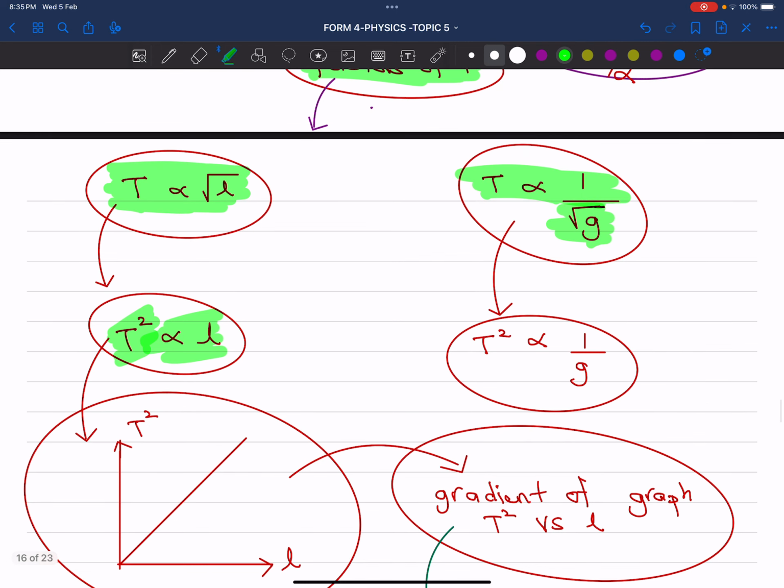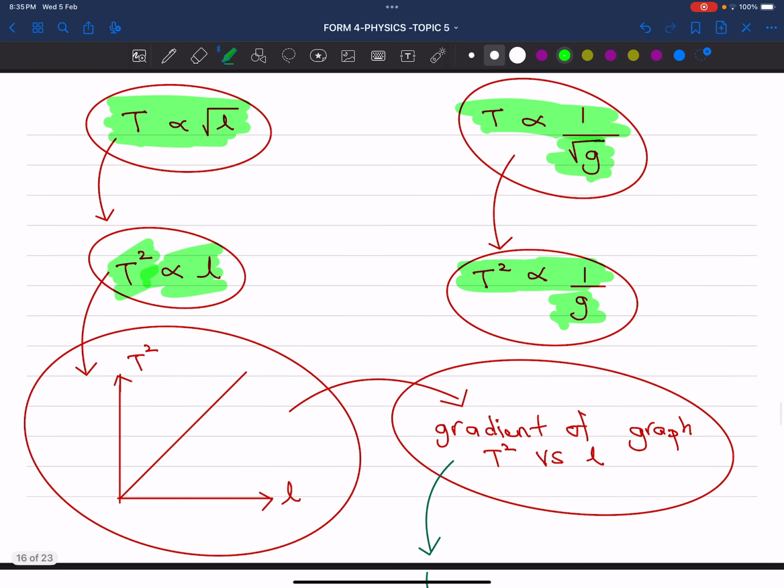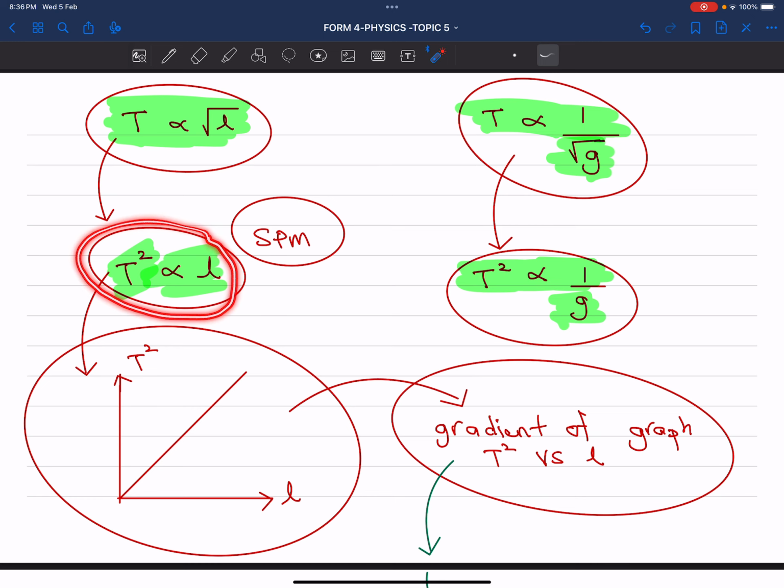And over here, the period is inversely proportional to square root g. Square both sides, I get period squared inversely proportional to g. In SPM, the important one is the factors of period and L. Most of the questions are based on this, that is, period squared directly proportional to L.